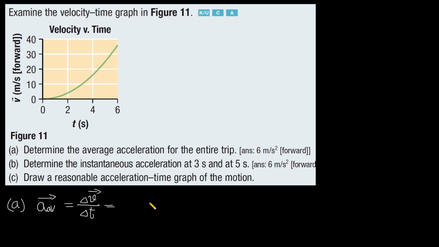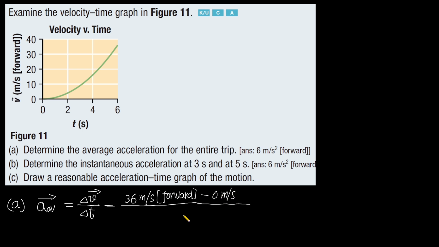So this equals, at 6 seconds, its velocity is around 36 meters per second forward, minus at 0 second, its velocity is 0 meters per second.